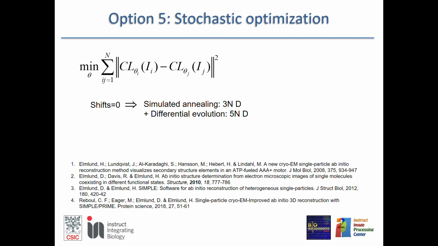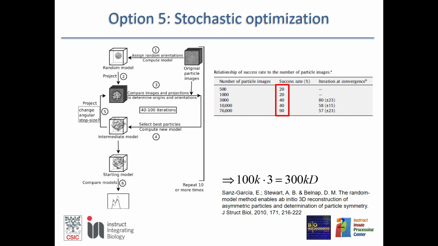So, for instance, there have been a number of works by Hans Edmund on stochastic optimization using common lines and using simulated annealing with differential evolution. So, well, there are several works on this, mixing common lines with stochastic optimization.